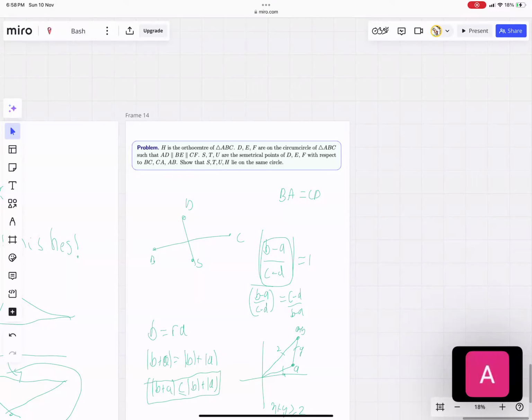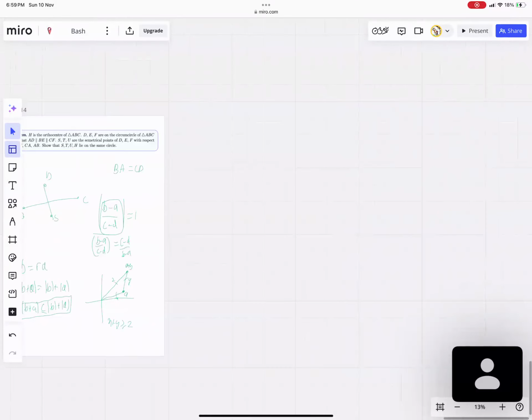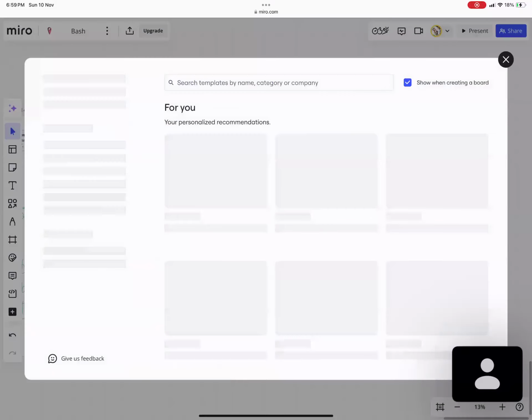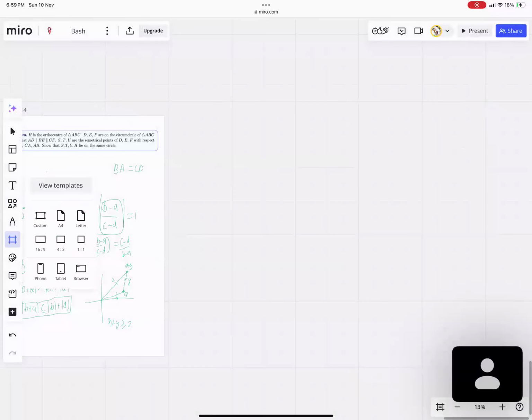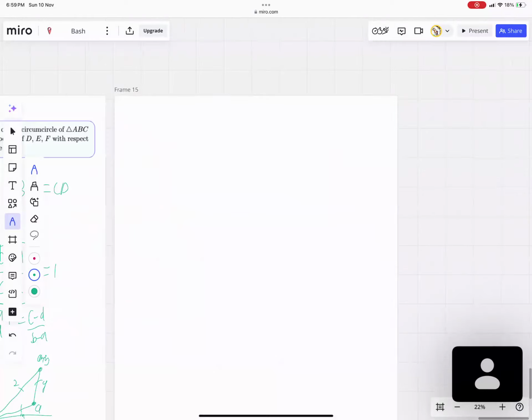Do we have conditions for concyclicity? Okay, that's actually a good question. I should have talked about this before. Thanks for reminding.